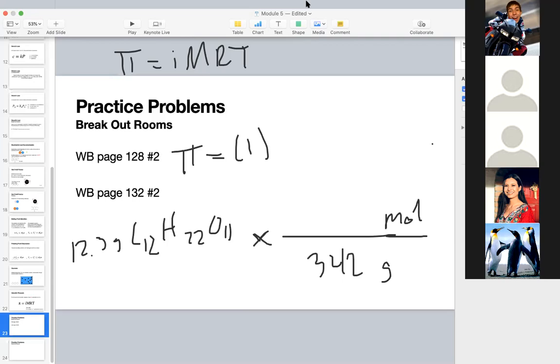So how many moles do we have? I got 0.036. Okay, that's what I got. So 1 right here.